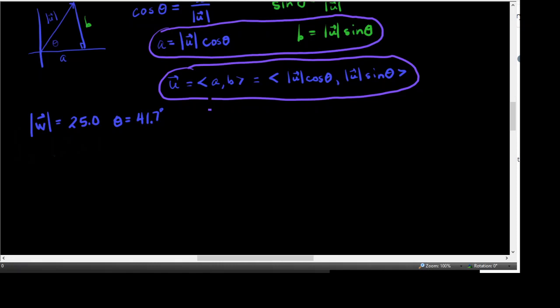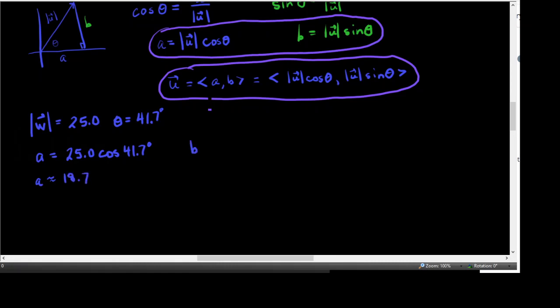Okay, find the horizontal and vertical components. Well, the horizontal component is going to be the magnitude of w, which is 25.0, times the cosine of the direction angle, which is 41.7 degrees. And so A is about 18.7.